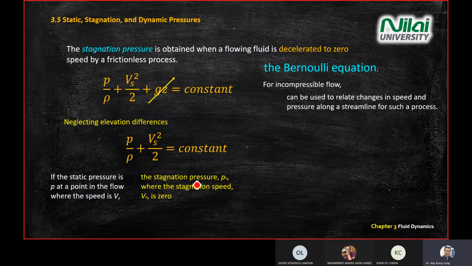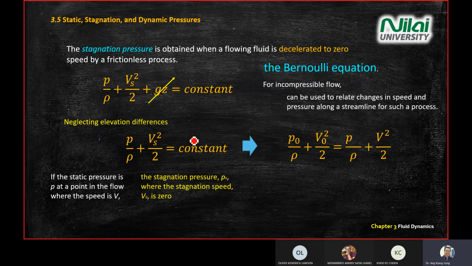So stagnation pressure P0 is when your velocity becomes 0. In the equation here, when you write P0, it means that the velocity is 0. We can rewrite the equation.